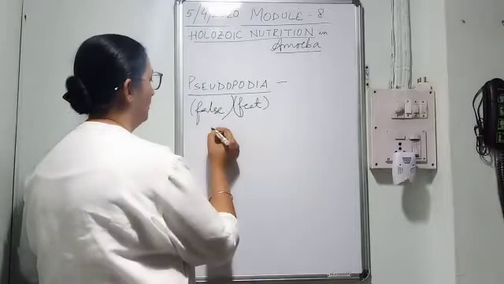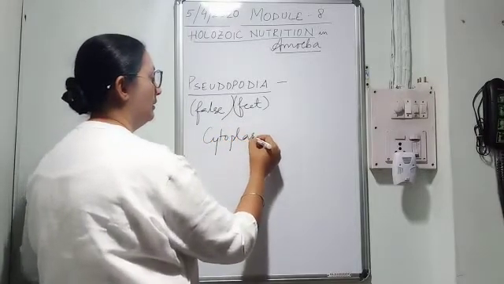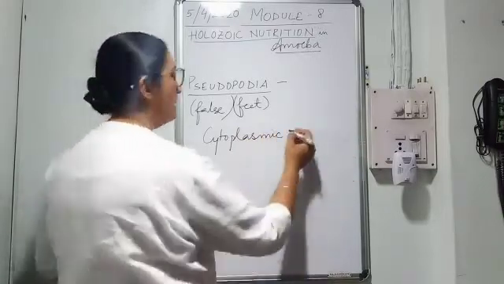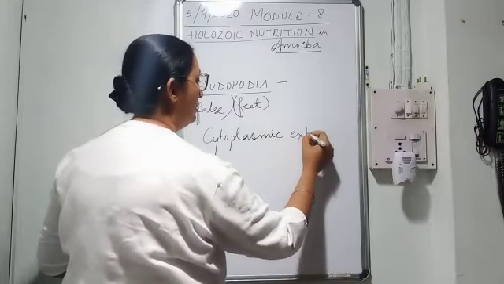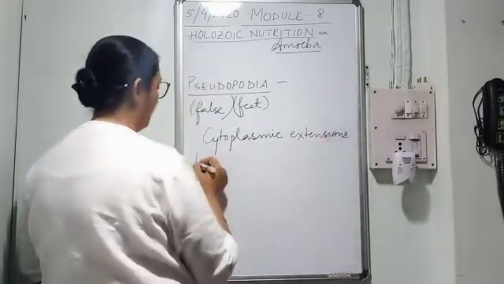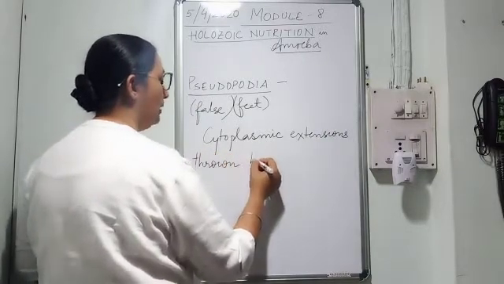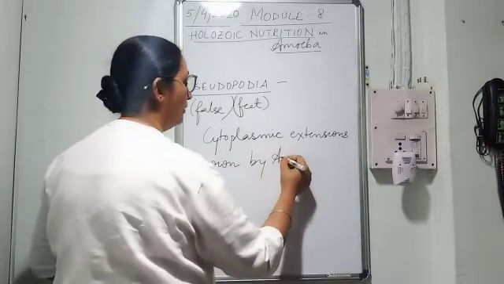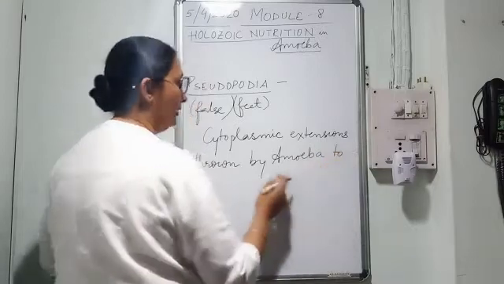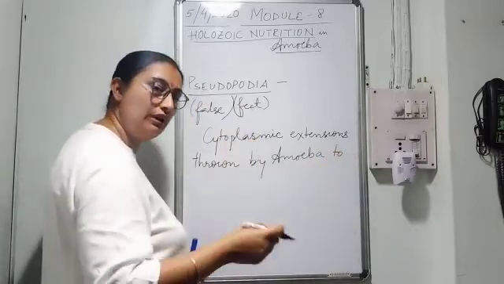Definition: cytoplasmic extension thrown by amoeba. Cytoplasm is moving, streaming. They may ask you to write down two functions, so in the definition I am adding the two functions.